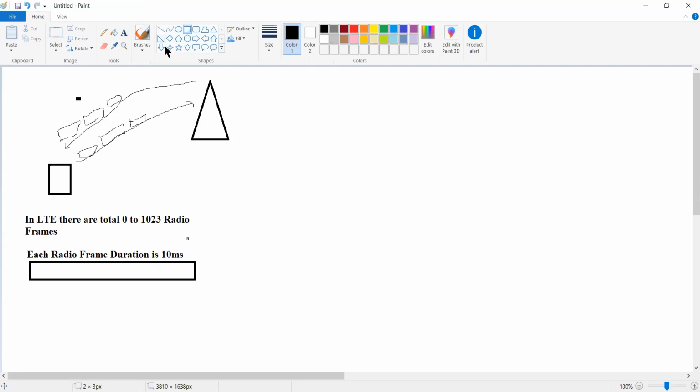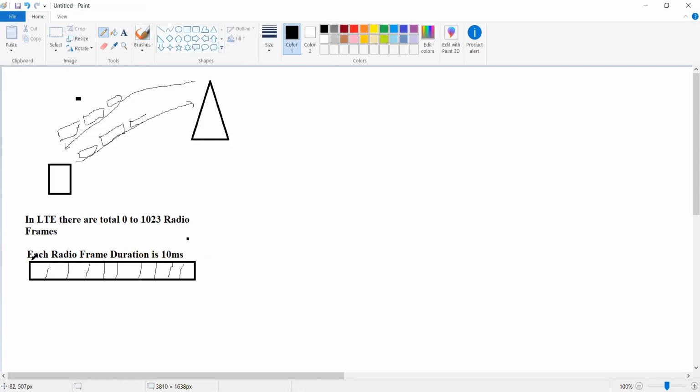Suppose this is our frame. It has many subframes: one, two, three, four, 5, 6, 7, 8, 9, 10.